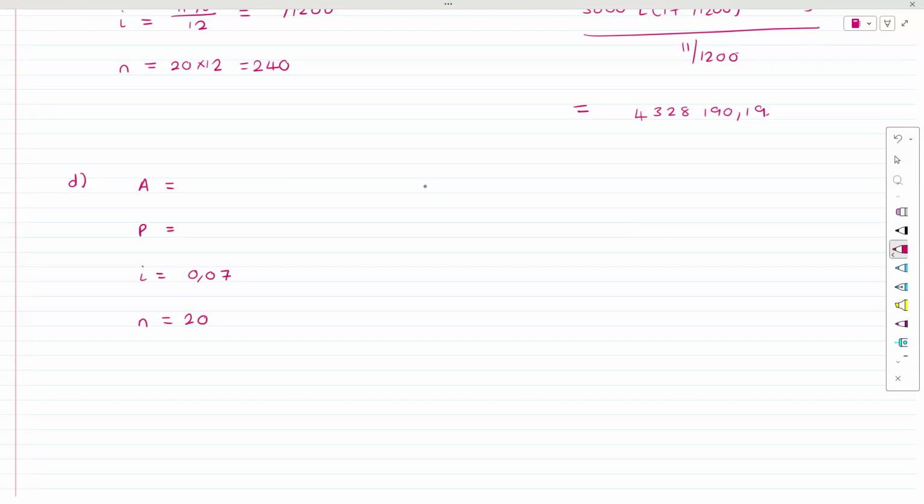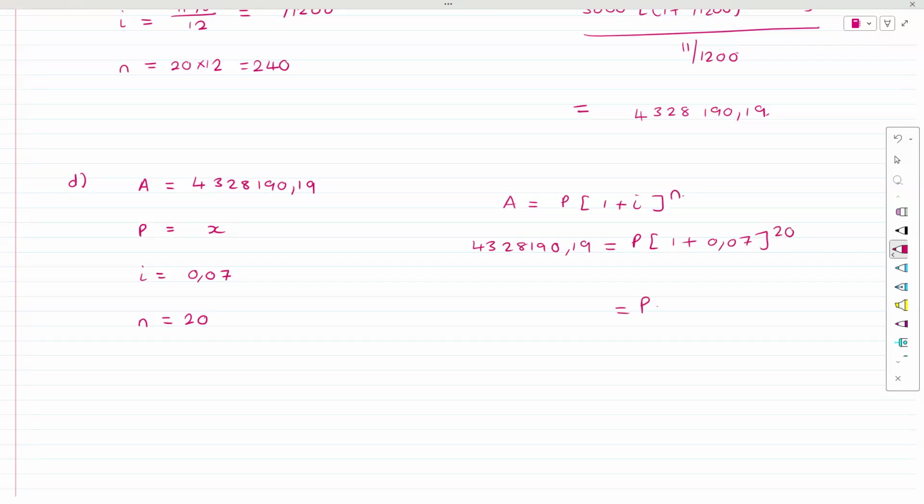And this is 4,328,190.19, and that's x. Okay, so all we have to do is work backwards to find out what would his money be worth today. And that's quite simple because that's 4,328,190.19, and that equals to P into 1 plus 0.07 to the power of 20.